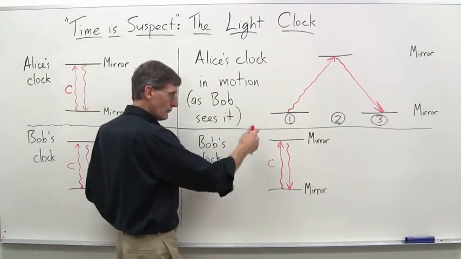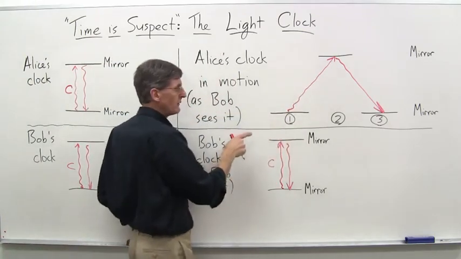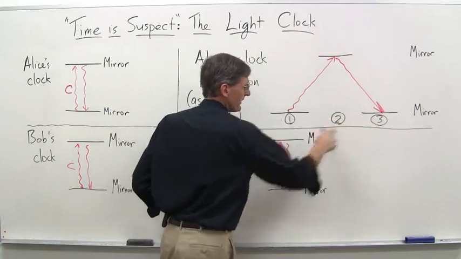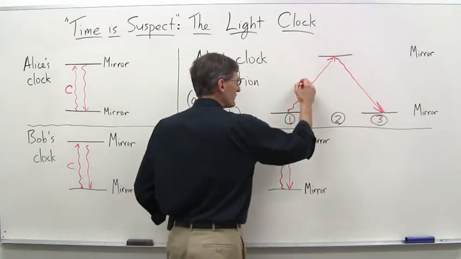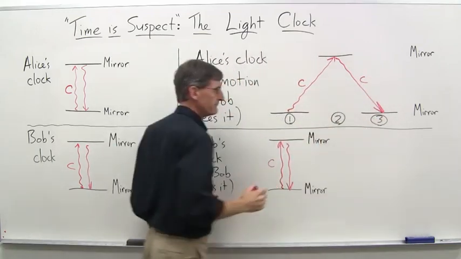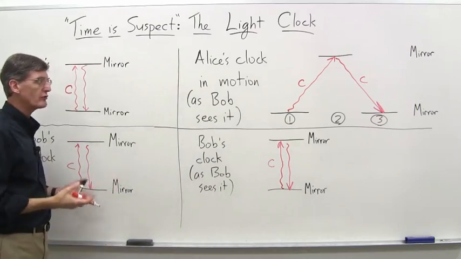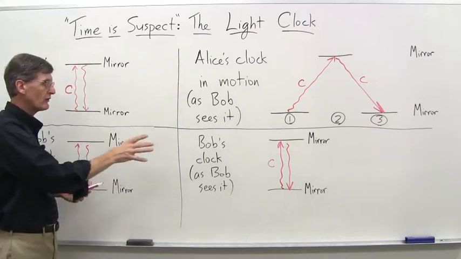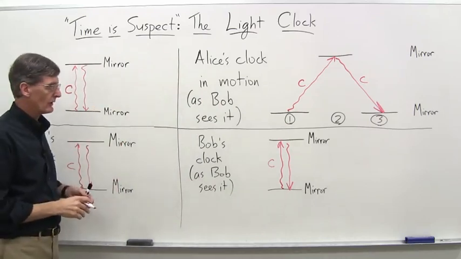So in this case, Bob sees Alice's light beam travel diagonally up and then diagonally down, but he also sees it traveling at speed c. Light always travels at speed c for any observer, no matter what direction you're going.